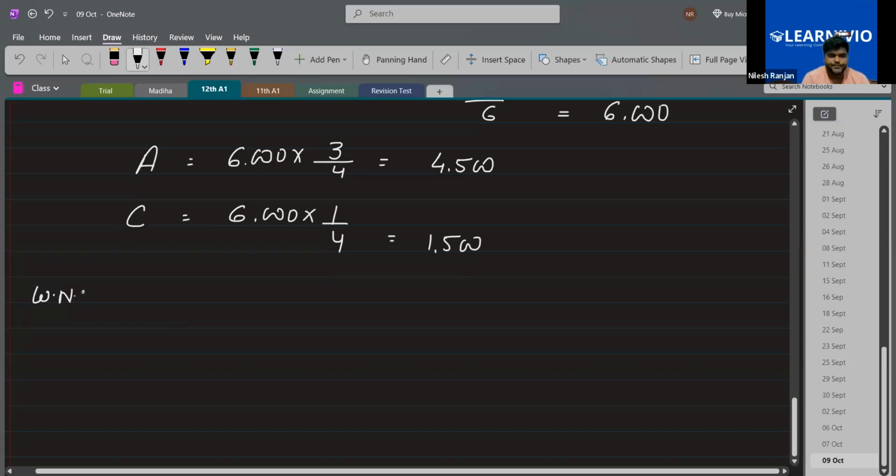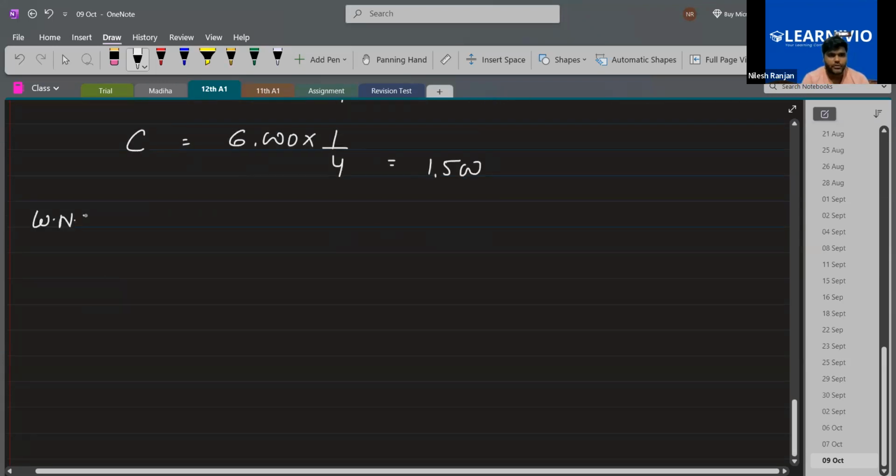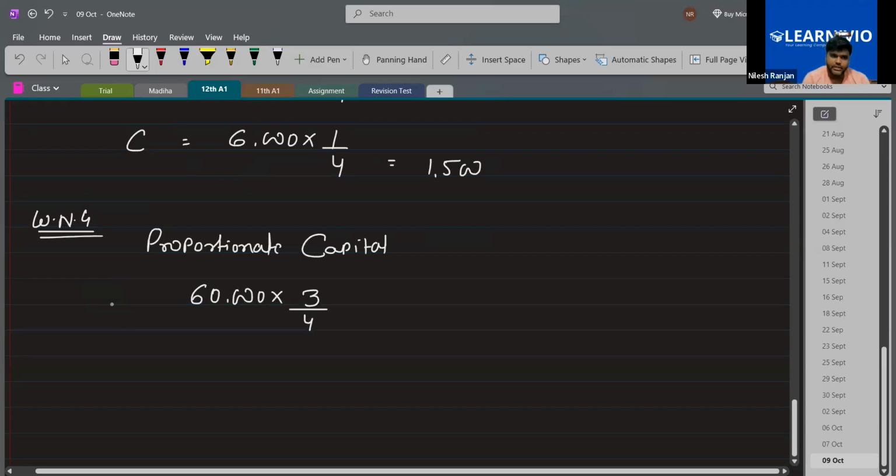Working note number 4, proportionate capital. Proportionate capital will be 60,000 into 3 by 4 for A, and for C, it is 60,000 into 1 by 4.